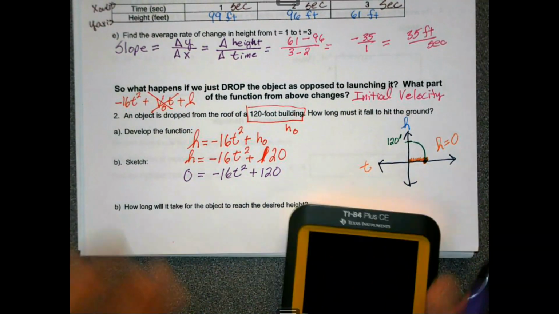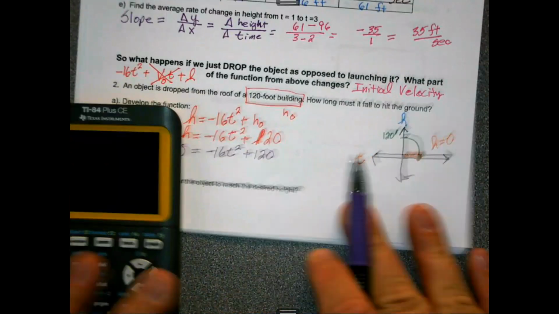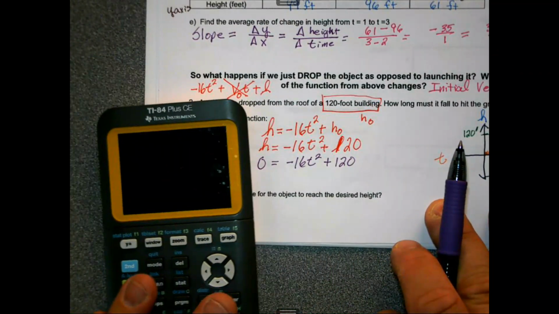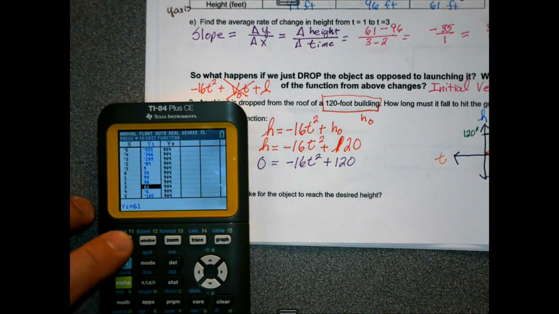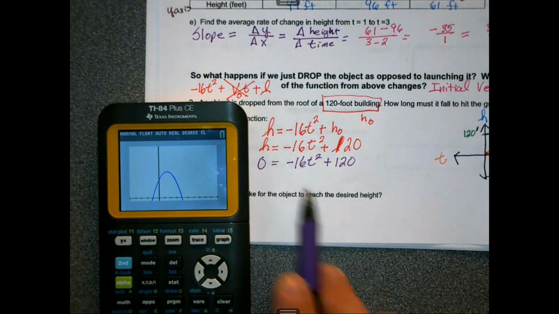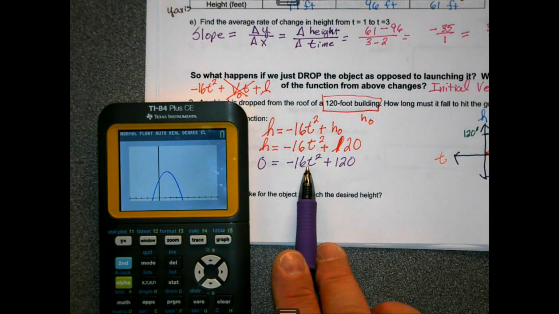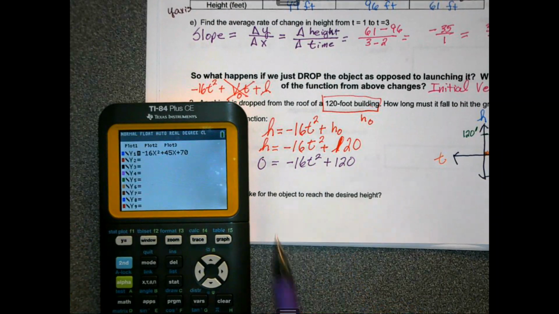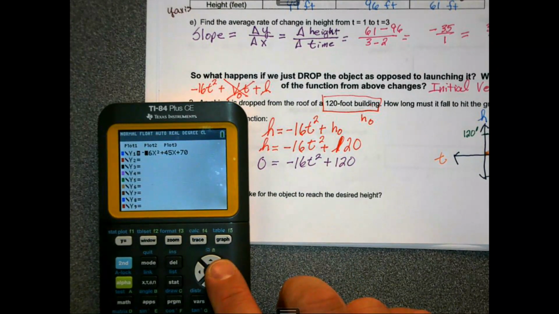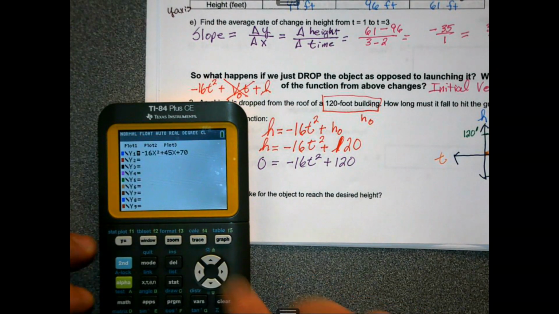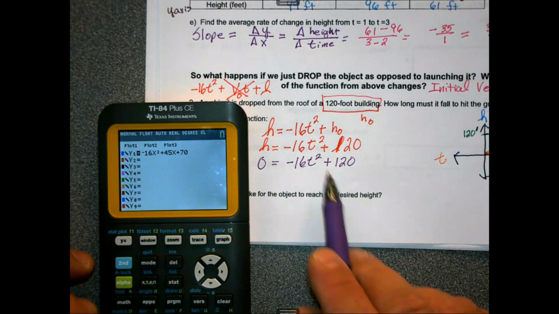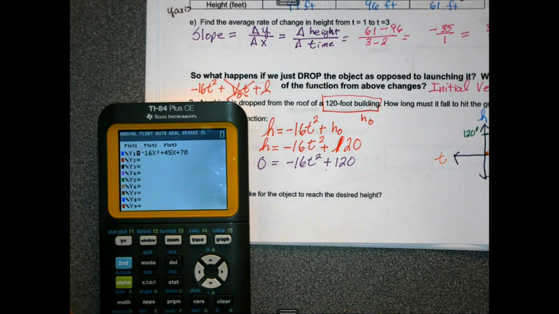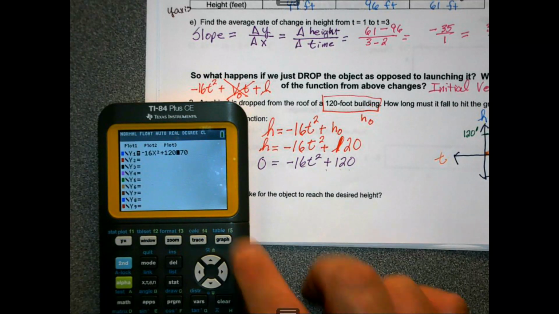So again, I'm going to go back to my calculator here. And for the y equals, I'm going to put in negative 16t squared, negative 16x squared, and plus 120. And I don't need that.